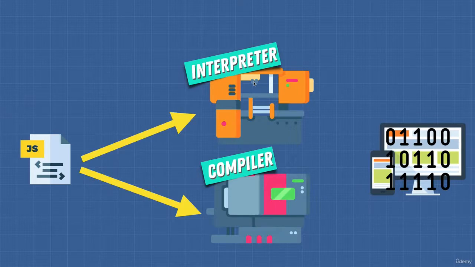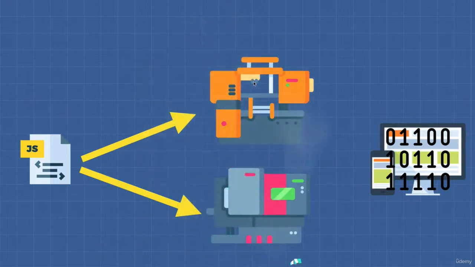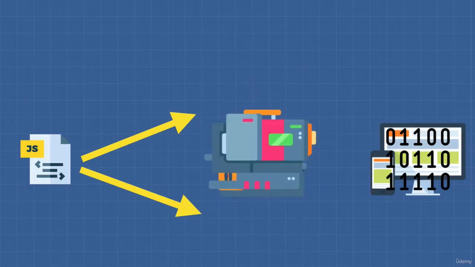And this is what some engineers came up with in late 2000. And if we use Google as our example with the V8 engine, what if we combine the best of both worlds? What if instead of using the compiler and interpreter, we combine these two and create something called a JIT compiler or just-in-time compiler?